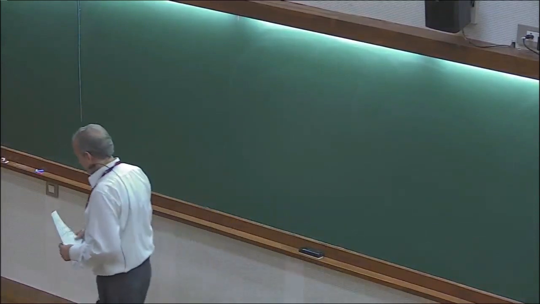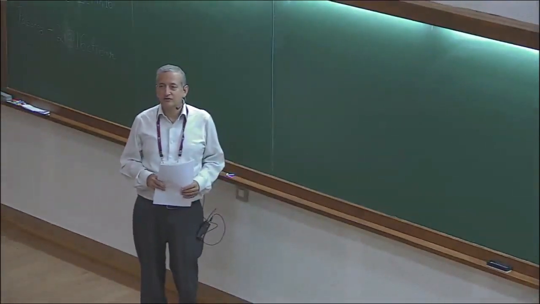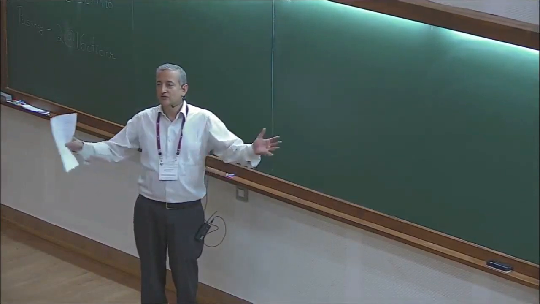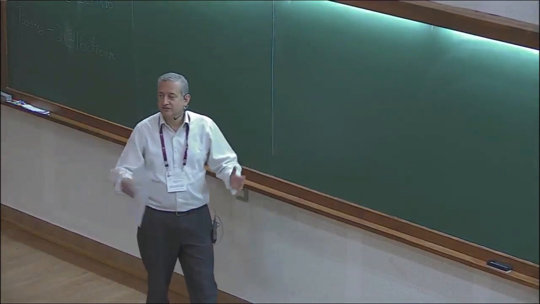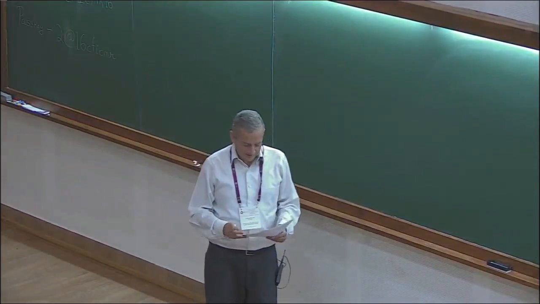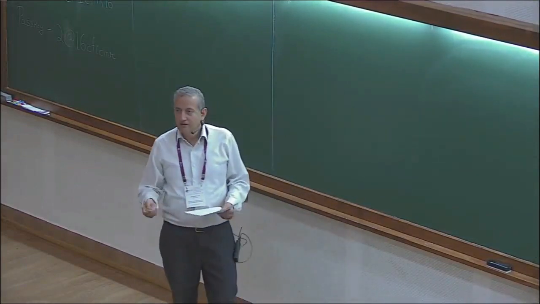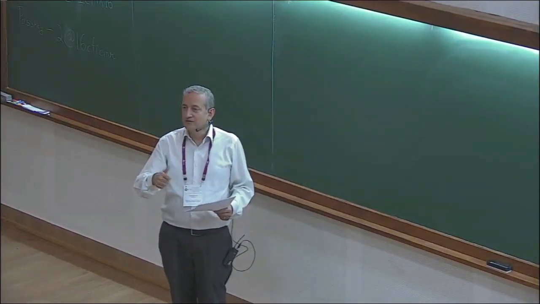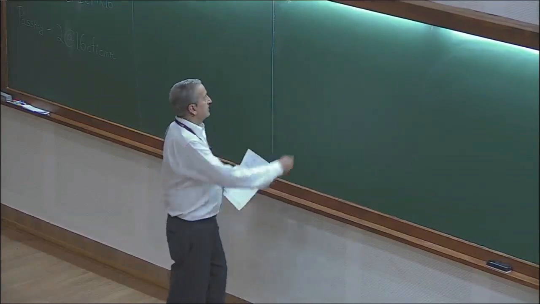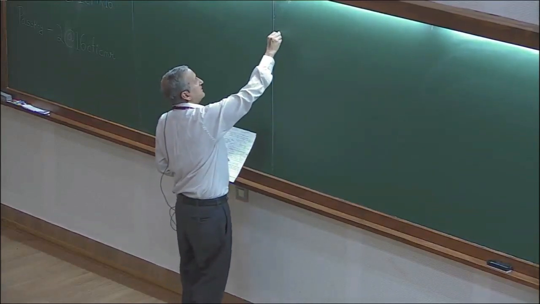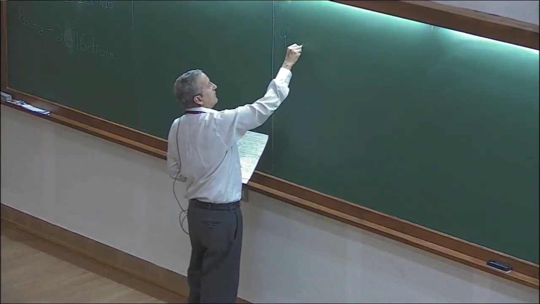So what we have done is, we want to write down solutions for all states, all excitations, and so on. And rather than doing that one by one, we have constructed a mapping which is captured by this equation.